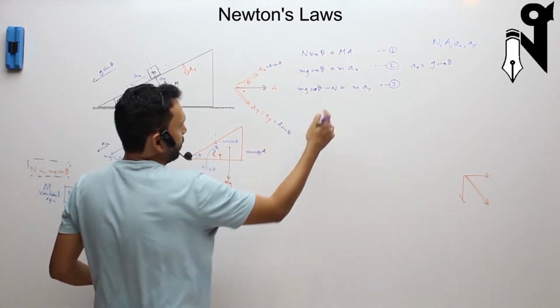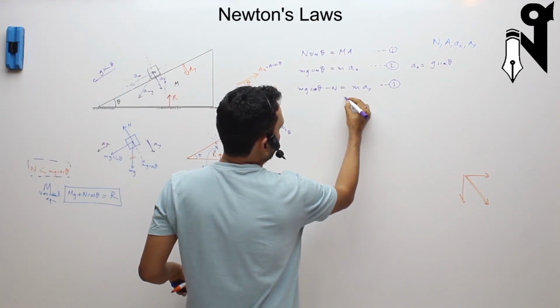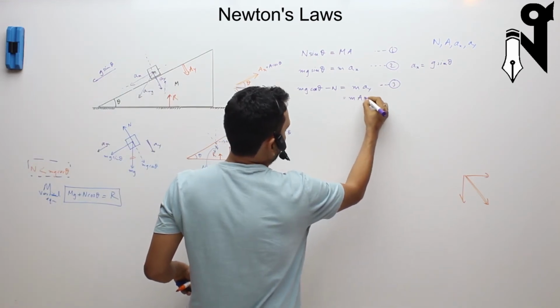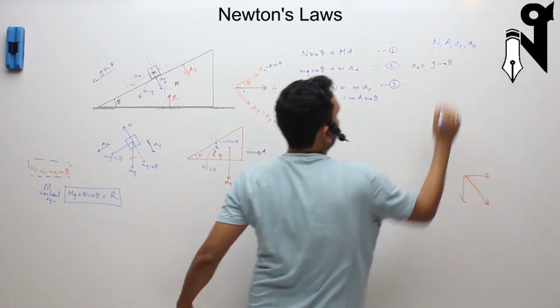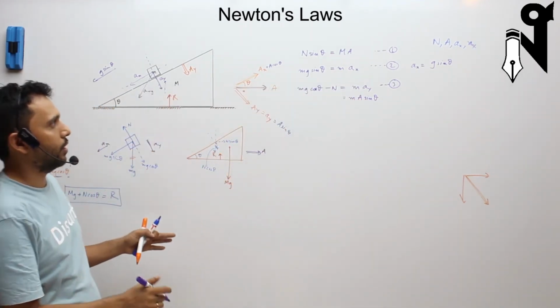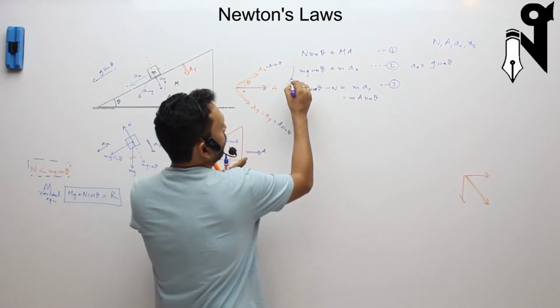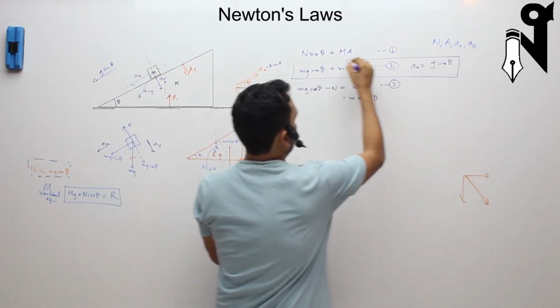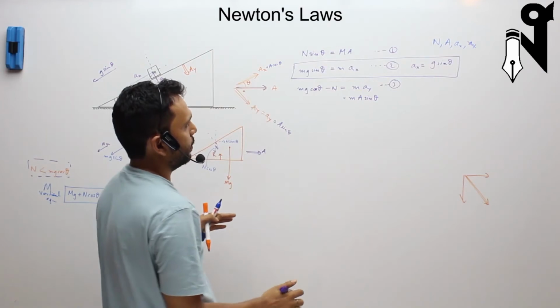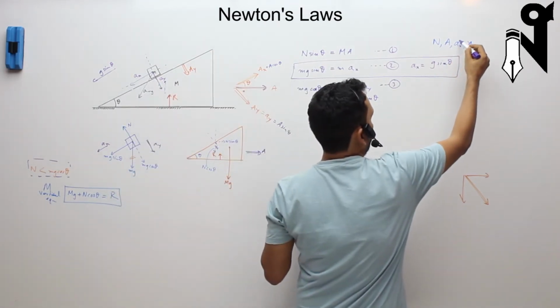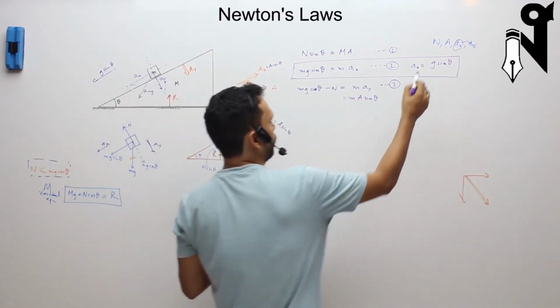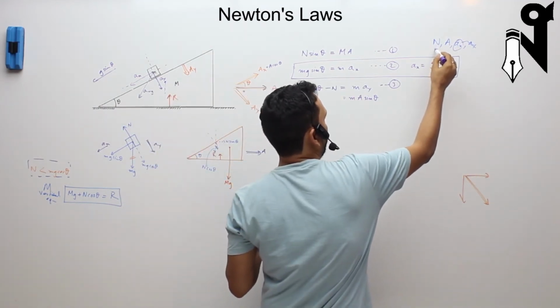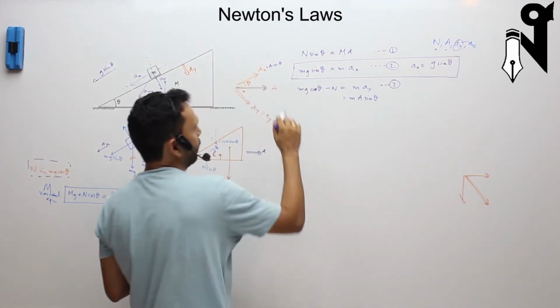So instead of AY, we can very well write it as M capital A sin theta. So we have done away with one variable, and hence we have three equations, three variables, of which equation number 2 was self-sufficient. So we have got the value of that variable. We are just left with two variables, N and A, and we have two equations.